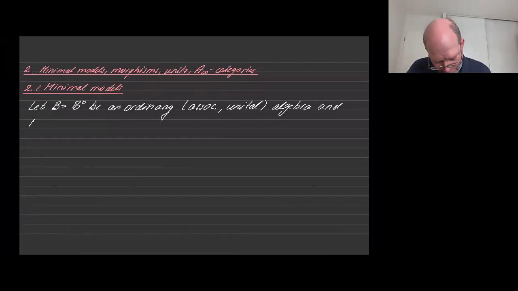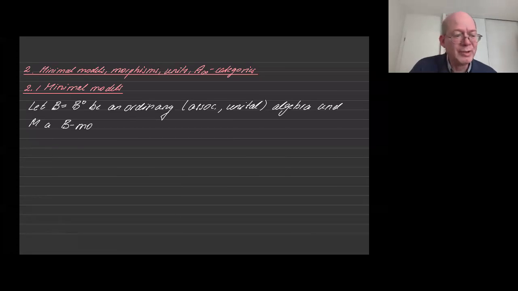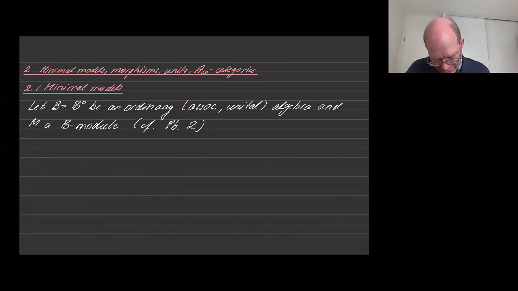In the motivating problem, it was the sum of B modules M1 up to Mn, and we were interested in the category of modules filtered with subquotients among the Mi. And the claim was that this category is controlled by the Yoneda algebra with an A-infinity structure. So we need to put some A-infinity structure onto the Yoneda algebra.